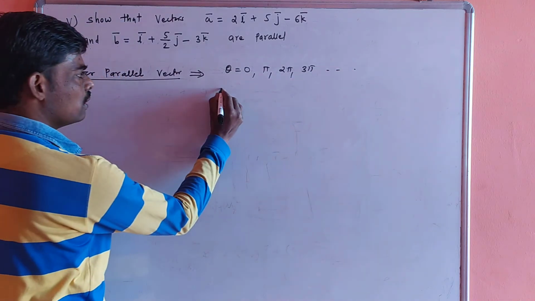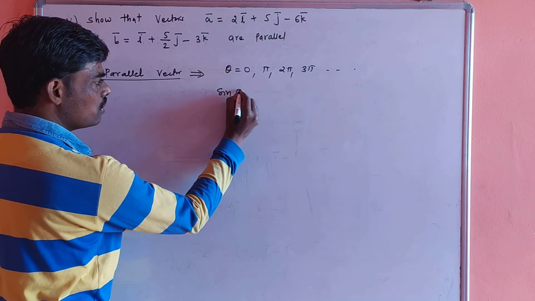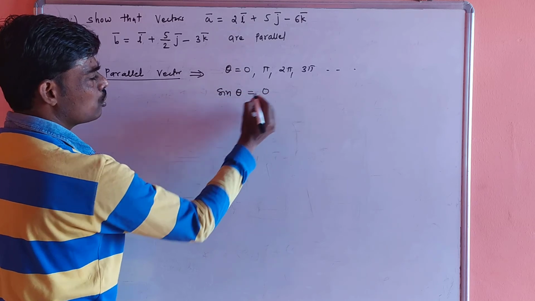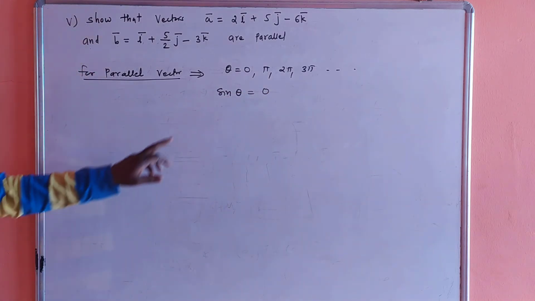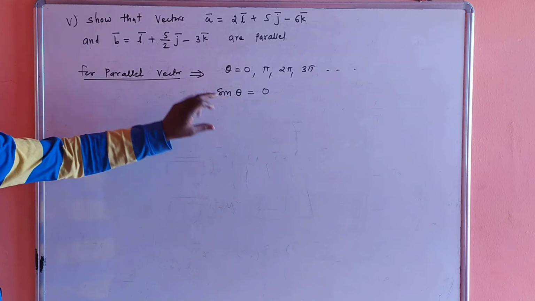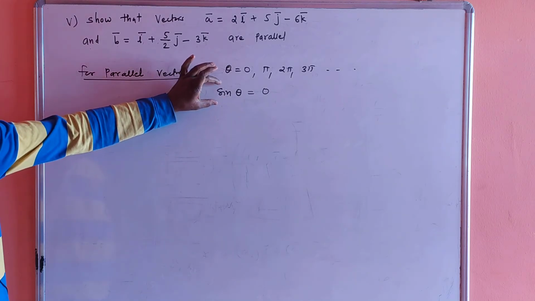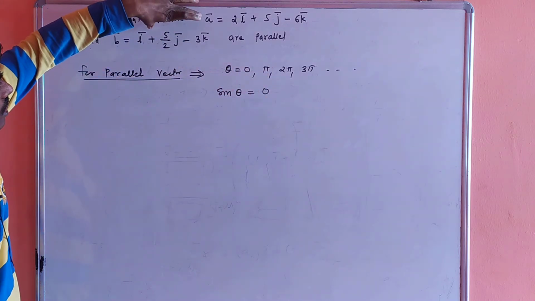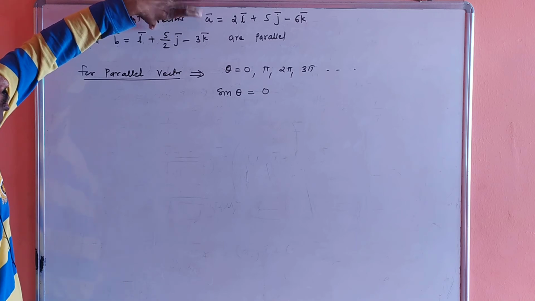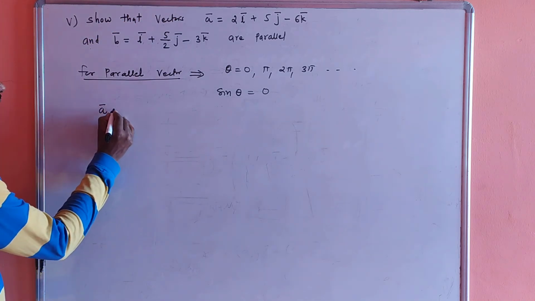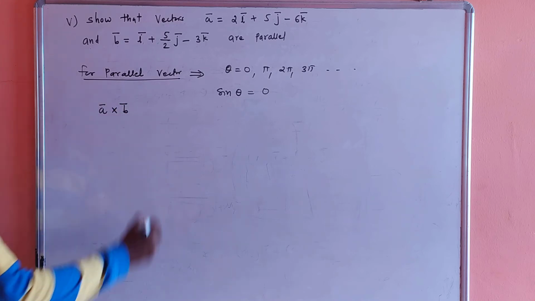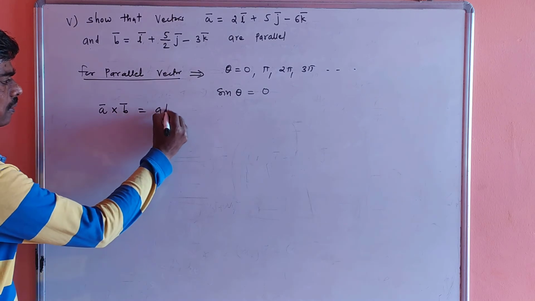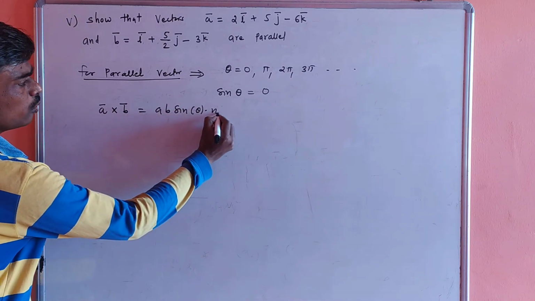And we know that the sine of multiples of this angle, either sine 0, sine pi, sine 2 pi, sine 3 pi, should be 0. From this information, we know that if the sine of the angle is 0, then the obvious relation between these two vectors is that vector A cross vector B, that means the cross product of two vectors, according to the definition, is AB sin theta times vector n.